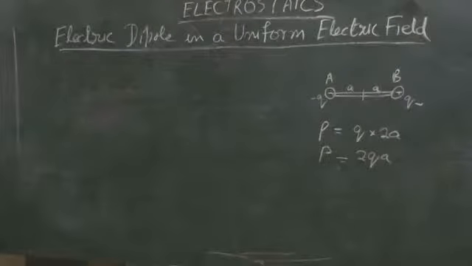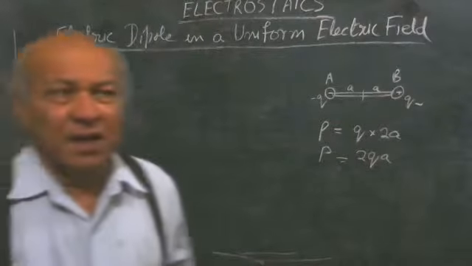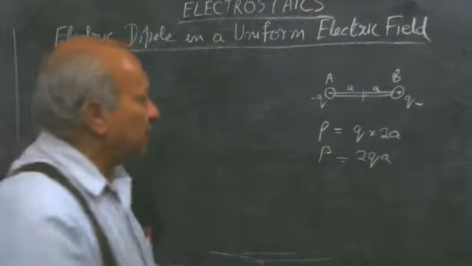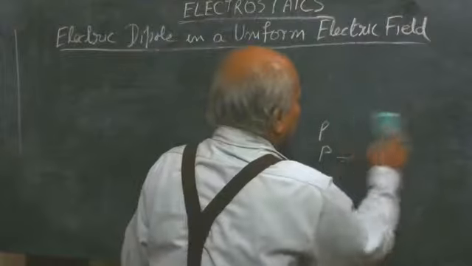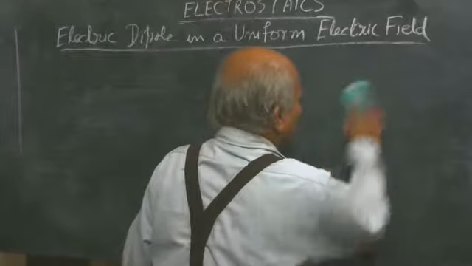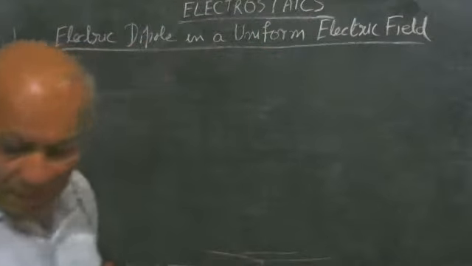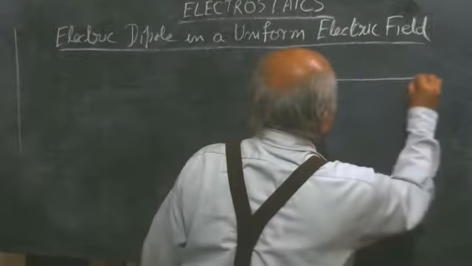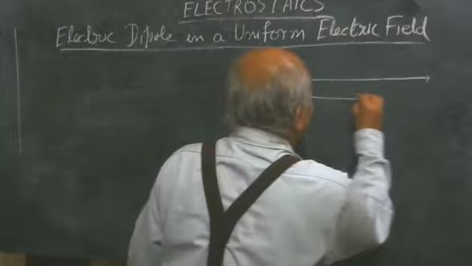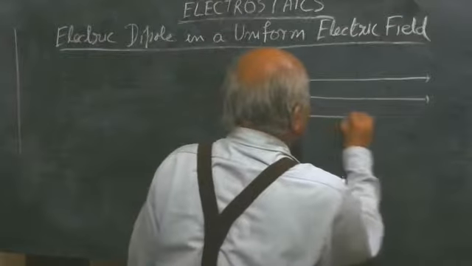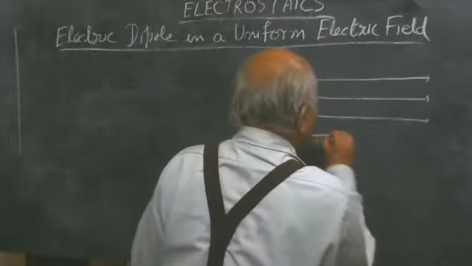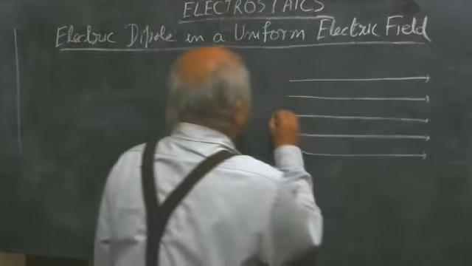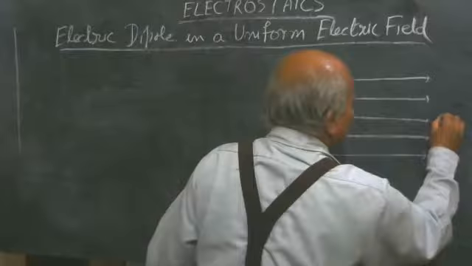Now, electric dipole moment in an electric field. This is the electric field, starting from positive and going towards negative.